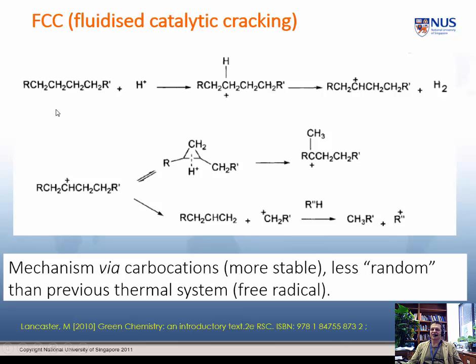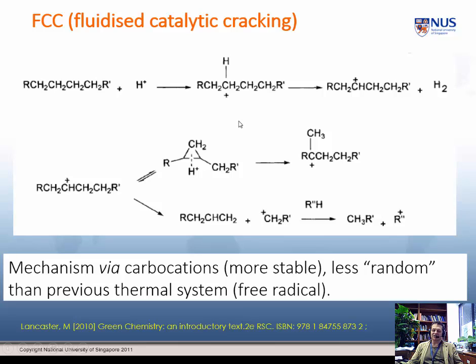Okay, so here is the reaction scheme for this, and you can see what's happening. Why H+ is so important, because it's coming from the zeolite, which also tells you why the catalyst will get exhausted at some point. Anyhow, effectively you're going via carbocations.